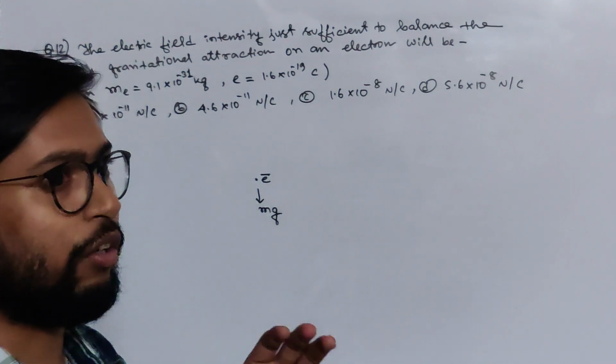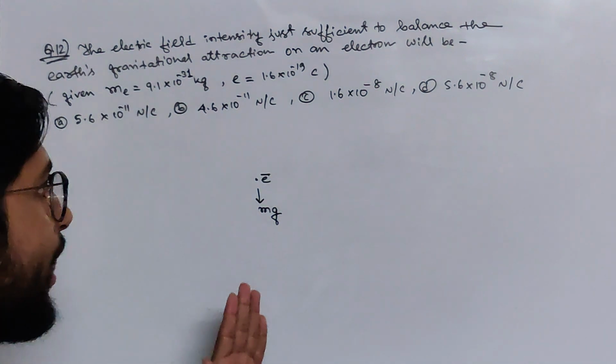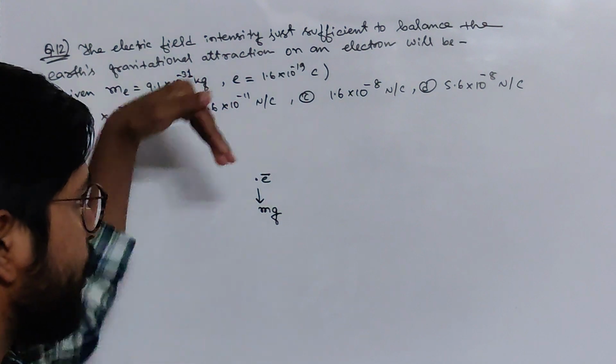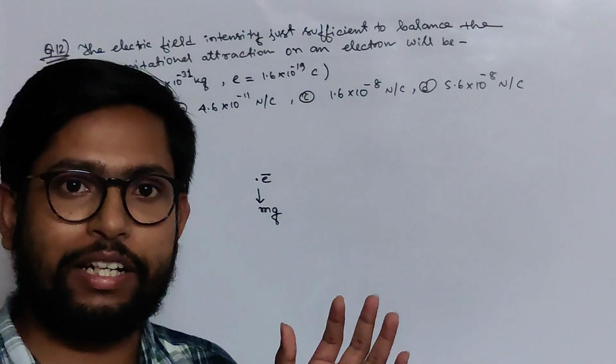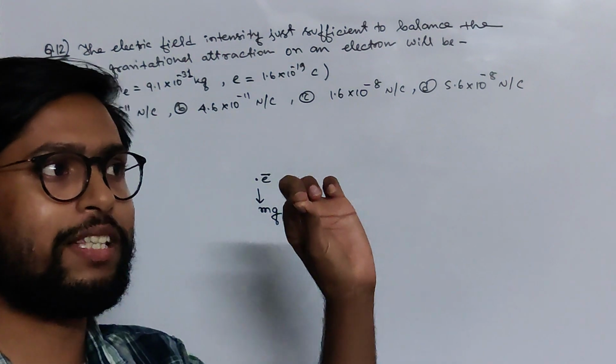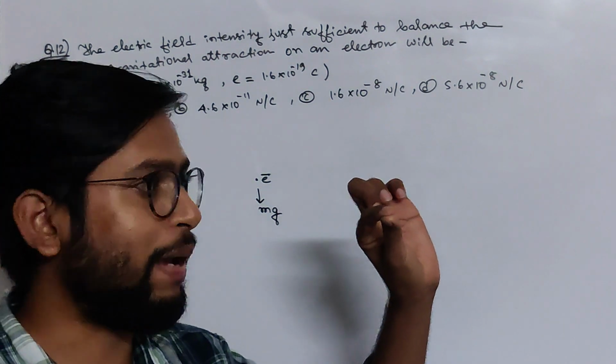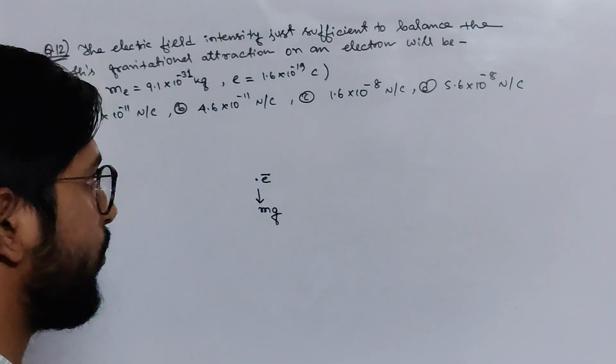Then if the force due to the electric field is acting in the upward direction and this mg is acting in the downward direction, and if these two forces are of equal magnitude, then this electron will remain balanced in air. So it is fairly simple.